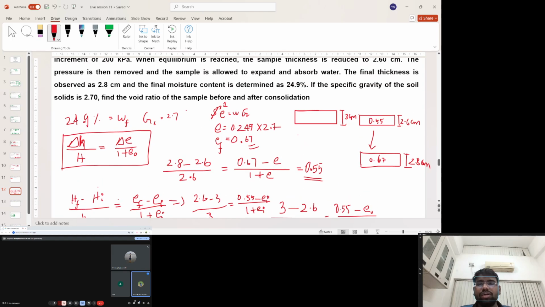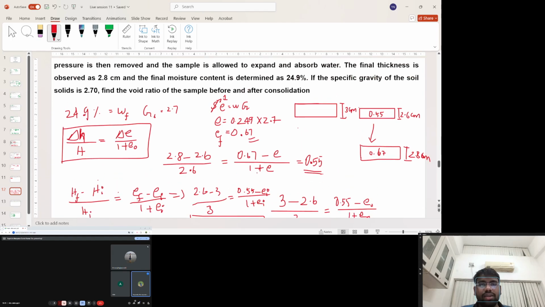So that is, before consolidation, void ratio is 0.79. After consolidation, the void ratio is 0.55. All right. Yes, sir. So now coming to the next question.